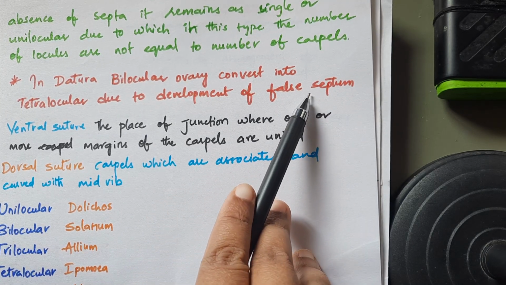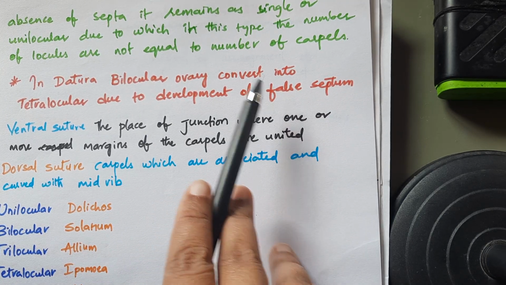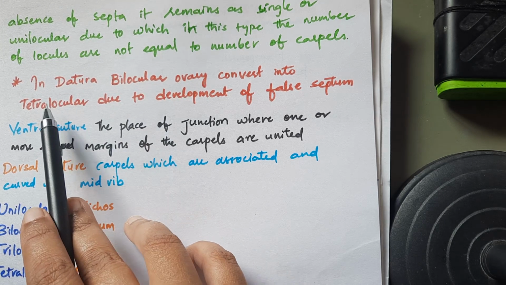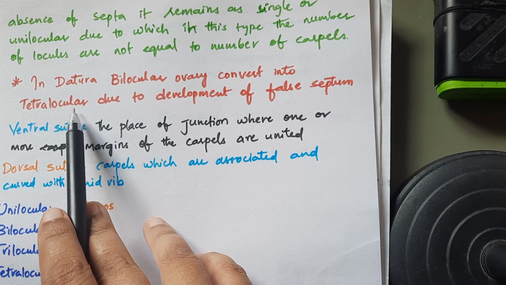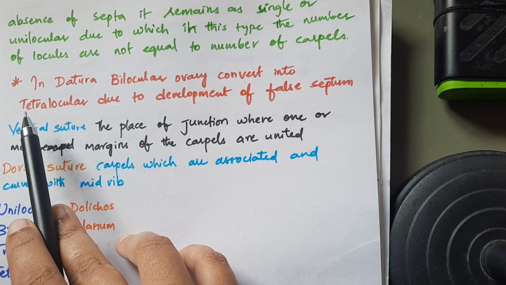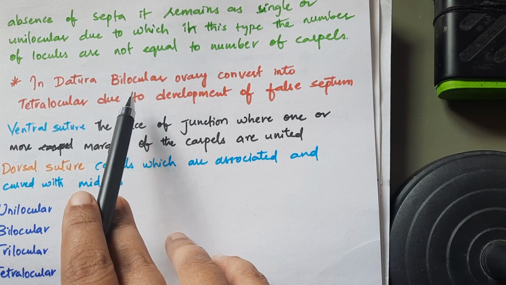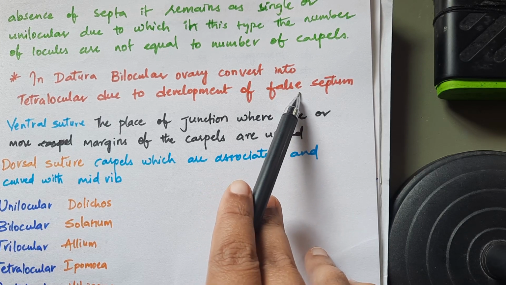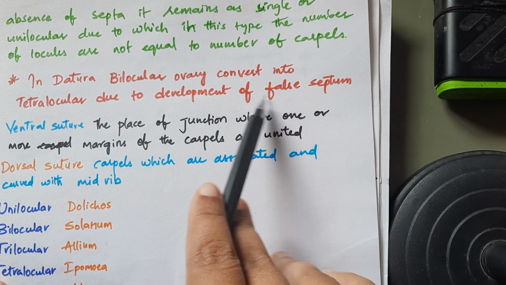Generally 2 carpels are there, so it is forming 2 locules. But there is the formation of one more septa. As a result, now 4 locules are formed due to the development of false septum. Actually, this is not the actual septum or the true septum.